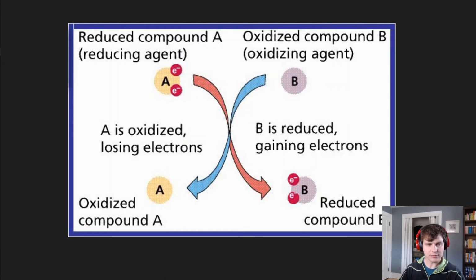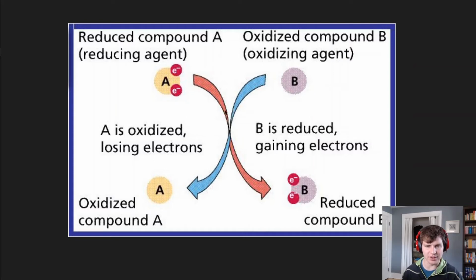So, oxidation reduction reactions are about reducing and oxidizing compounds. In this context, A is an element that is going to be oxidized, and oxidized means losing electrons. Once the compound has lost its electrons, it's called an oxidized compound. When it had all the electrons, it was called a reduced compound.